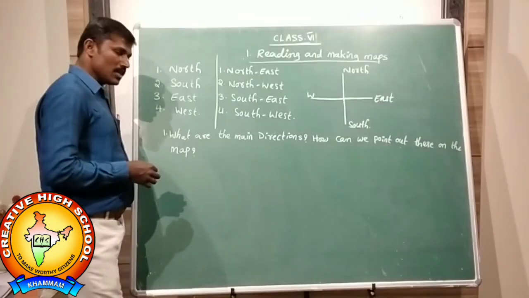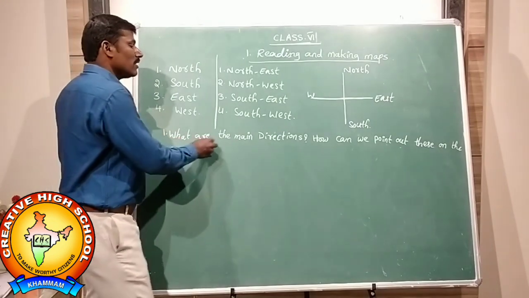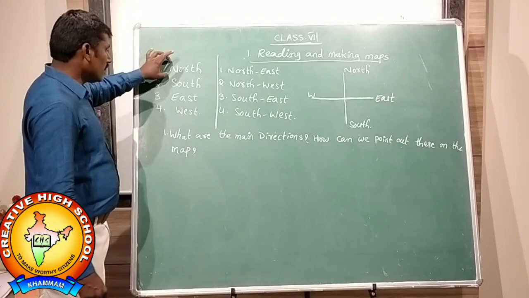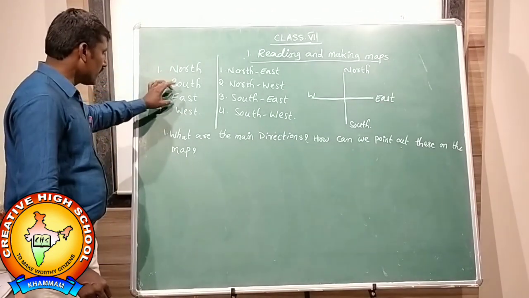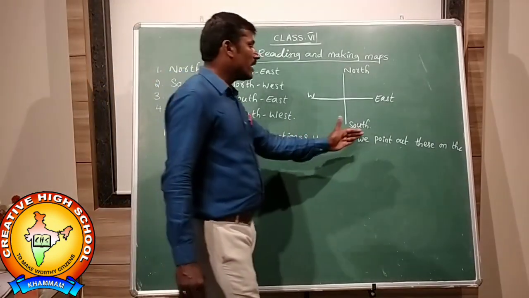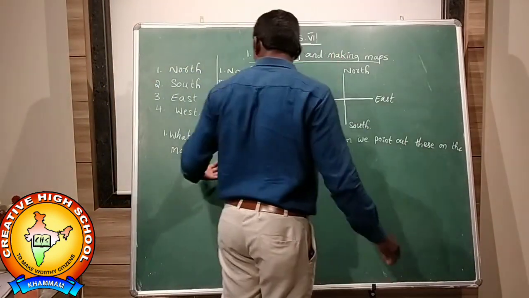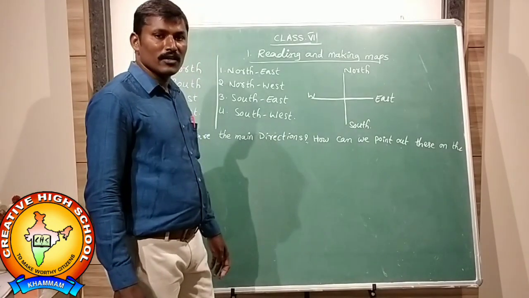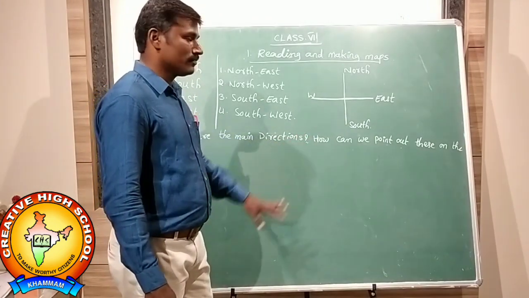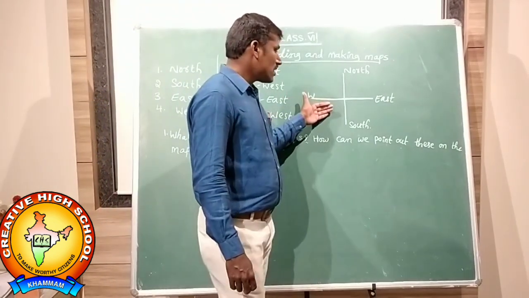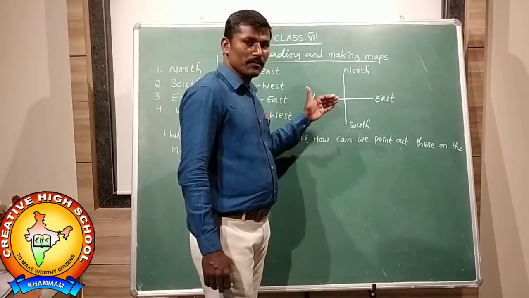Here, the question is, what are the main directions? North, south, east, west. How can we point out these on the map? Now let us see how we can point out on the map.